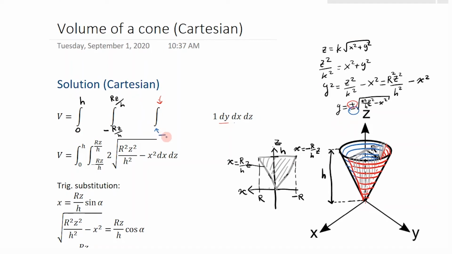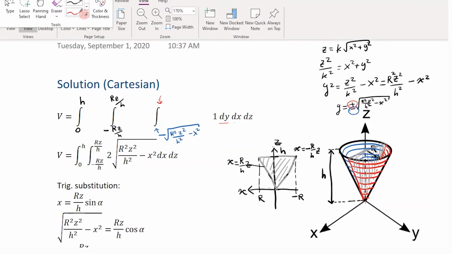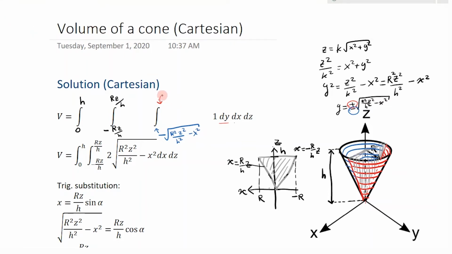So here we'll have minus square root of r squared z squared over h squared minus x squared. On the top we'll have plus square root of r squared z squared over h squared minus x squared.